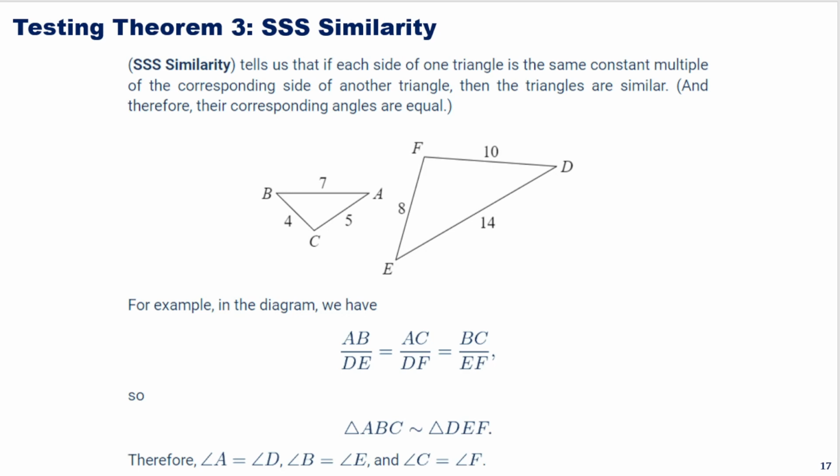Then we have triangle ABC is similar to triangle DEF. Therefore, corresponding angles are equal, right? This is the third theorem we can use, so please mark this down in your notebook. Now we have three theorems that can be used to determine similarity of triangles.